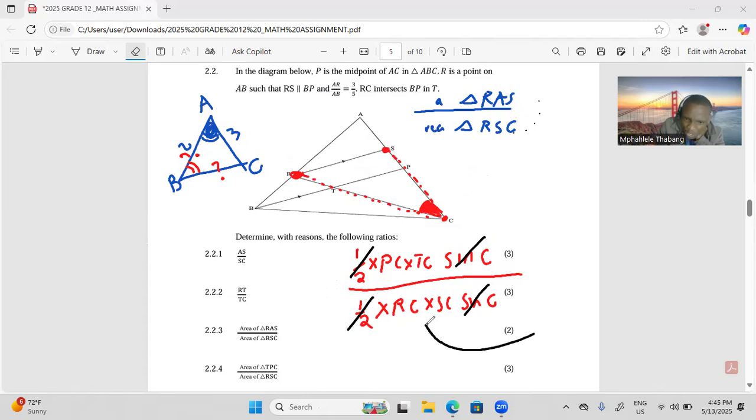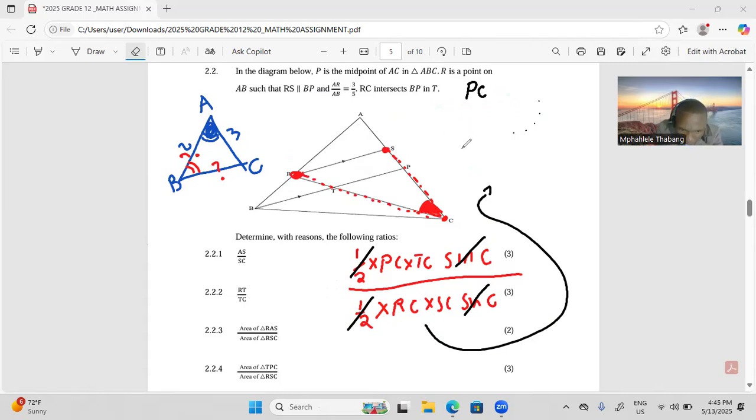Let me write here on top. Let me remove this so that it does not confuse you. We are left with PC times TC over RC times SC.